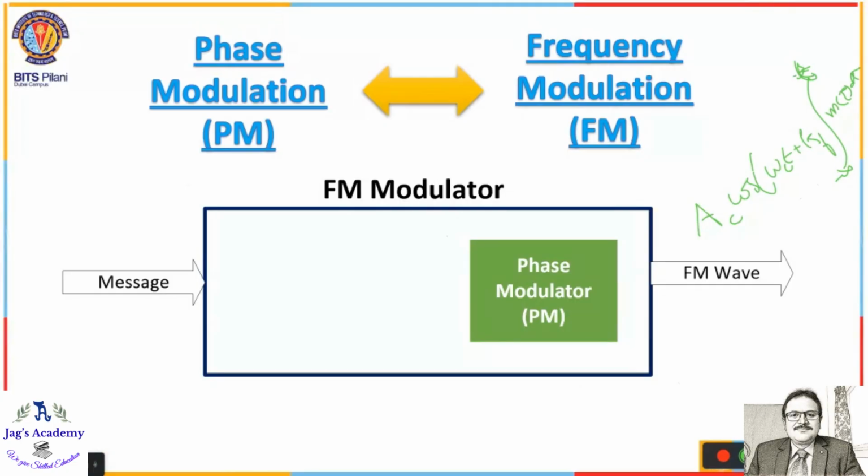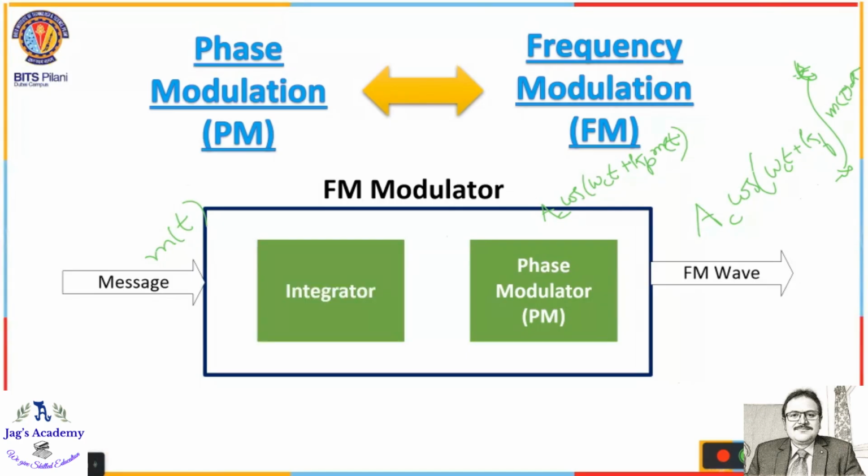What is the equation of phase modulation? Ac cos of omega c t plus kp into m of t. Now you have to get this. What should you do with the message signal m of t now? Integrate it. You first integrate it. So your m of t will become the integration of m of tau d tau from minus infinity to t.